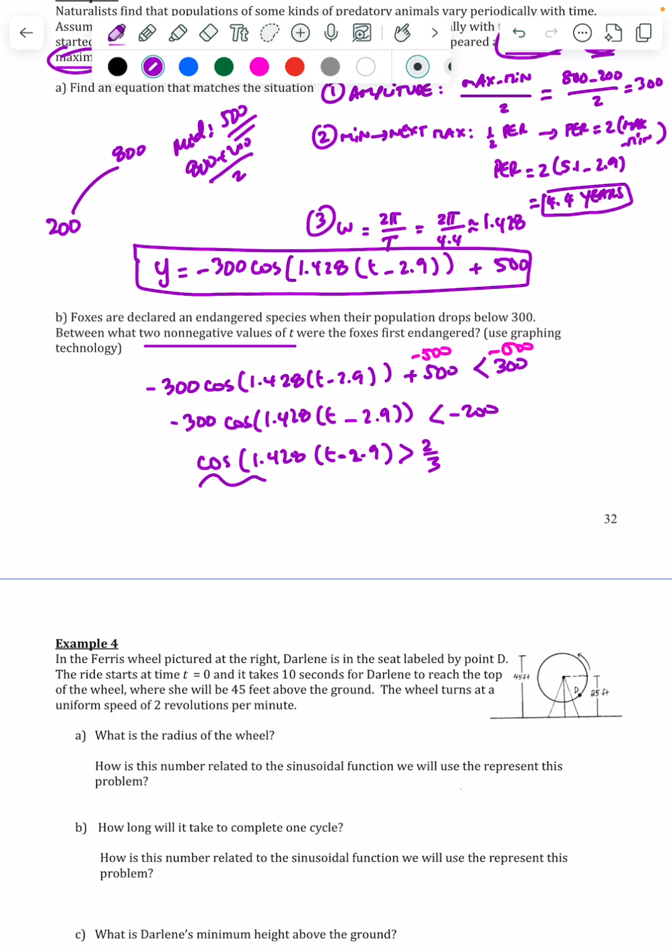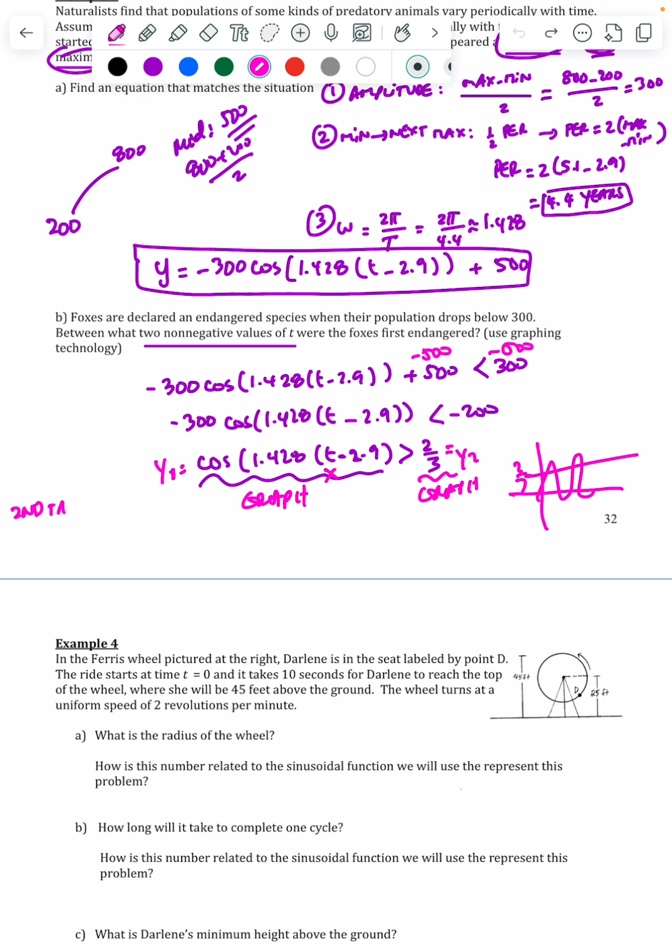So one way to do this is to graph. You want to graph this piece, and you can replace t by x on the graphing calculator. So you're going to graph this, and you're also going to graph the line y equals 2/3. So you can call this y1 equals, and this is y2 equals. And when you graph them, you want to see where your cosine is above the line 2/3. Okay, and you want to trace, so you want to do second trace.